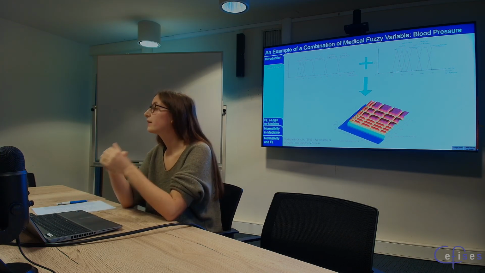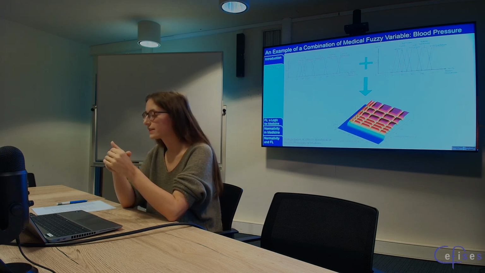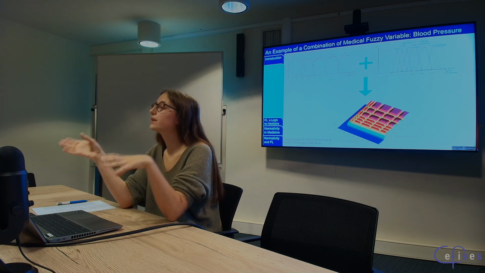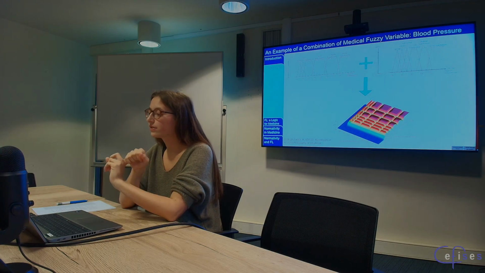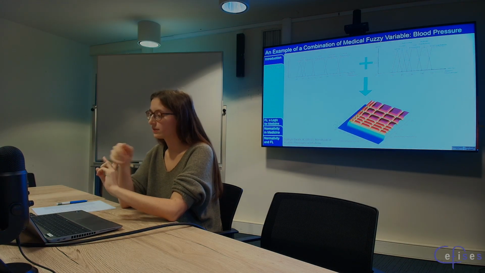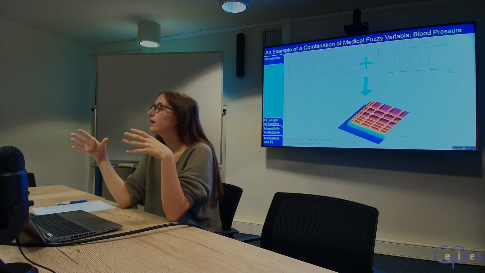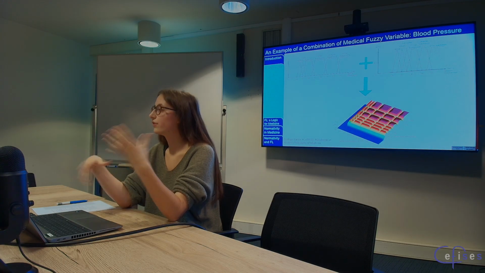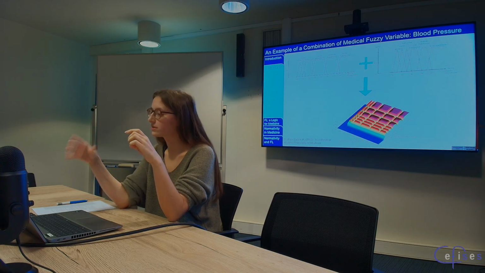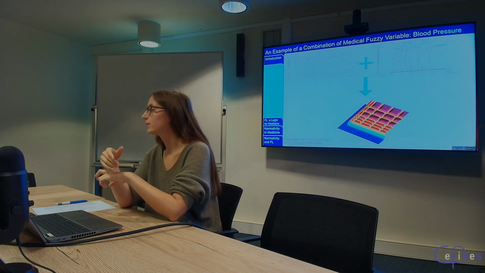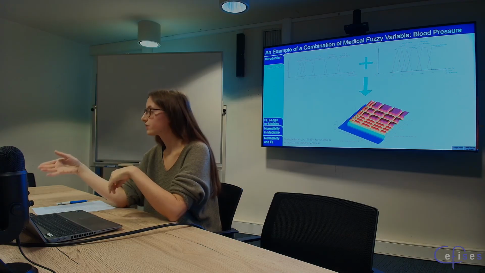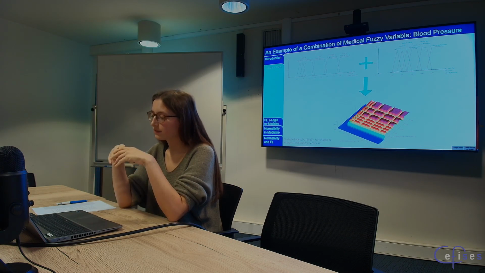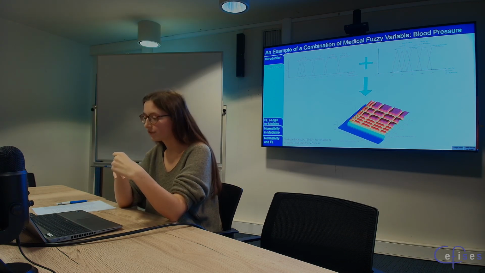We can do many things with the fuzzy variables. We can combine them. For example, another medical example, blood pressure is the combination of two values, the value of our systolic blood pressure and of diastolic blood pressure. We can do a fuzzification, so define a linguistic variable of what is a normal systolic blood pressure, what is considered hypertension, and then combine it into a 3-dimensional graph.